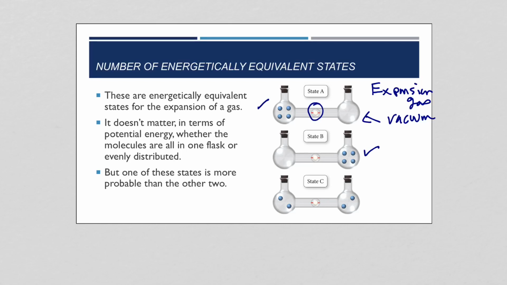We could also consider a state where the gas is evenly dispersed among both sides. Now, as I mentioned, there are other possibilities like 3 and 1 and so forth, but for this example, we're just going to consider these 3 states. Now, all of these states are equivalent in energy, right? There's the same amount of energy present with the 4 gas molecules here, just how are they distributed?